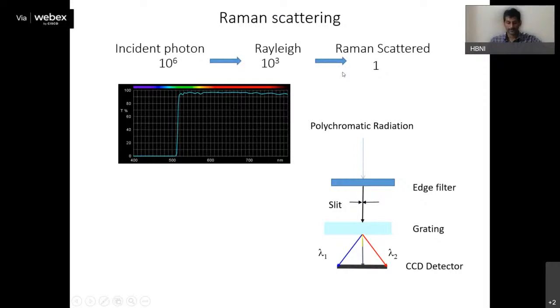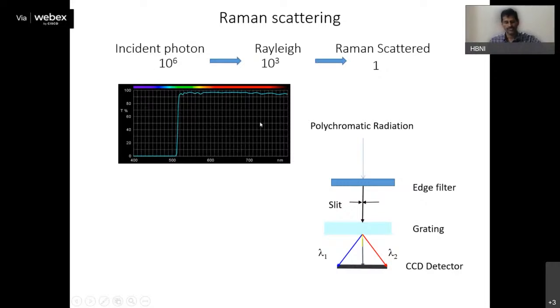But the problem is when you have a very large intensity of monochromatic laser light and the energy difference is very small, then if you don't stop this incident laser light, your spectra will be swamped under the tail of this light. So one needs to stop this laser light.